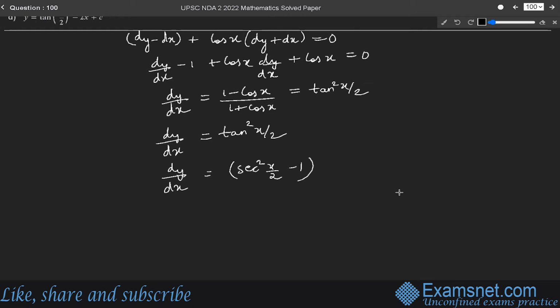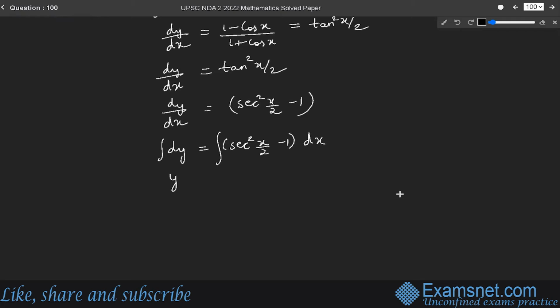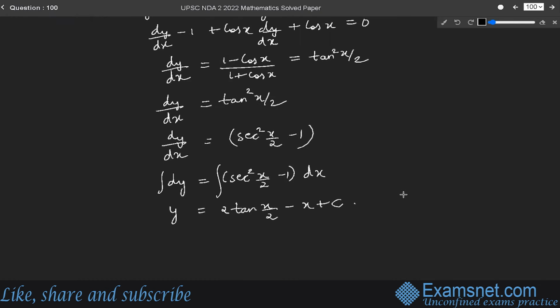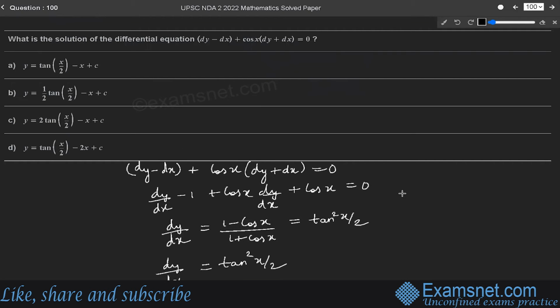Now integrating both the sides, integral of dy is equal to integral of sec square x by 2 minus 1 dx. On further integrating, it will be y is equal to 2 tan x by 2 minus x plus c. This is the required solution for the given differential equation. Therefore, we can say that the correct option is option number C, which is y is equal to 2 tan x by 2 minus x plus c.